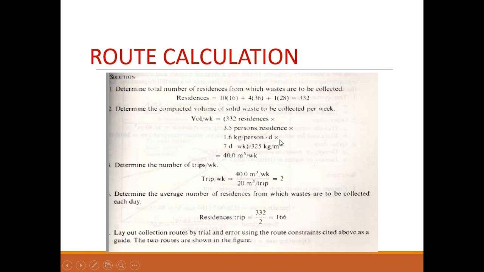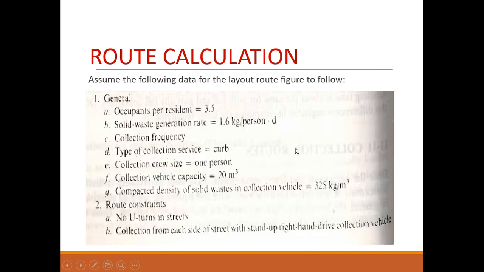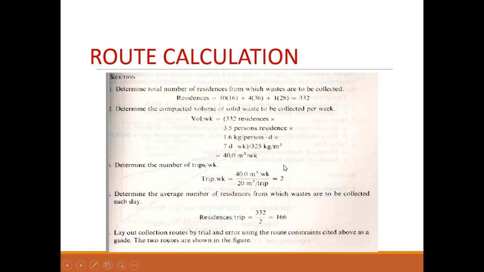And remember, we're calculating for a week, so it's a 7-day week. We multiply that by 7 days. That number we then divide by our compacted density of solid waste, which, if you recall, was a number we were given for the collection vehicle. And the value that we derive for our compacted volume of solid waste to be collected for the week is 40 cubic meters per week.